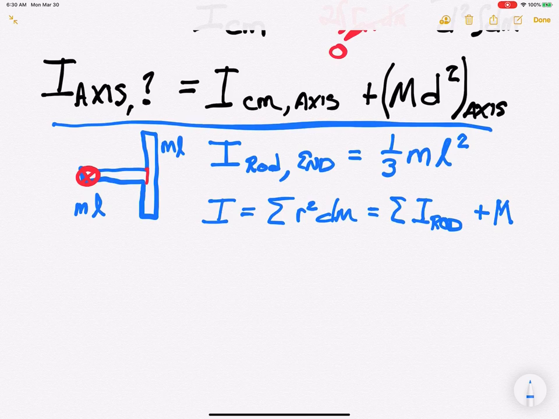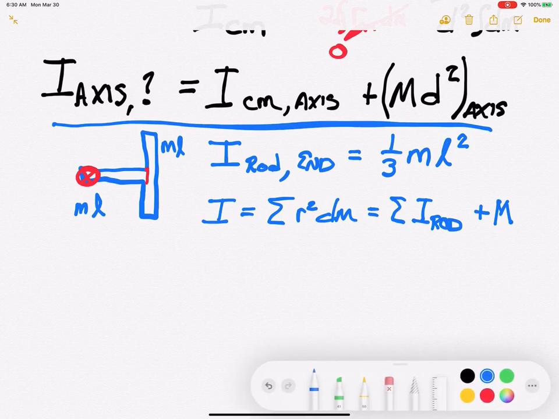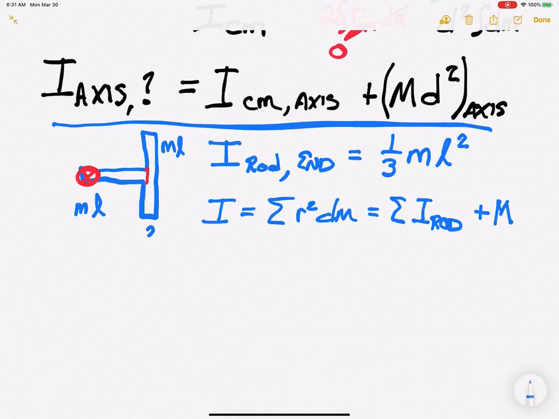This is so tough to do without pointing. Maybe what we need are subscripts. Okay, so I'll be referring to this rod as 2 and this rod as 1.